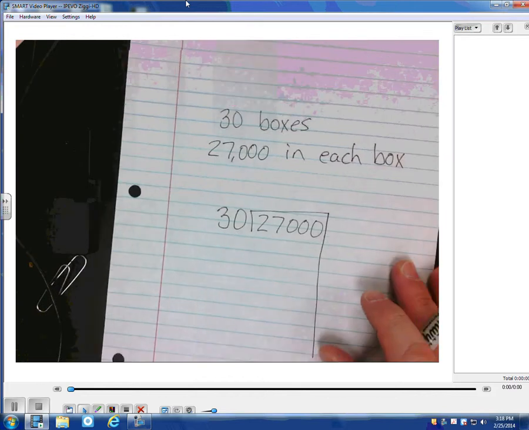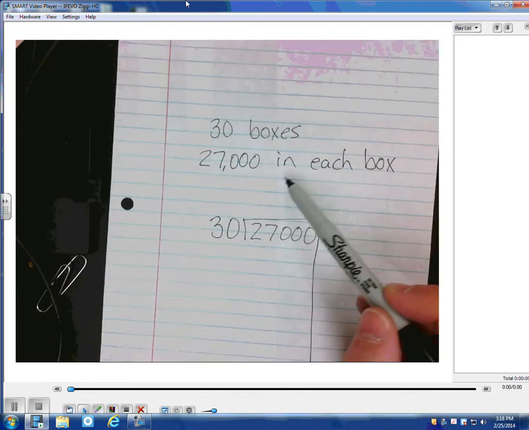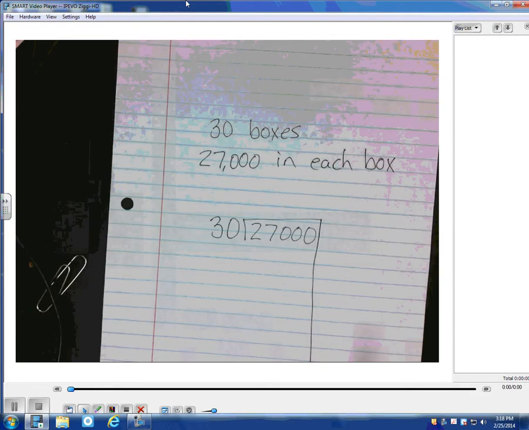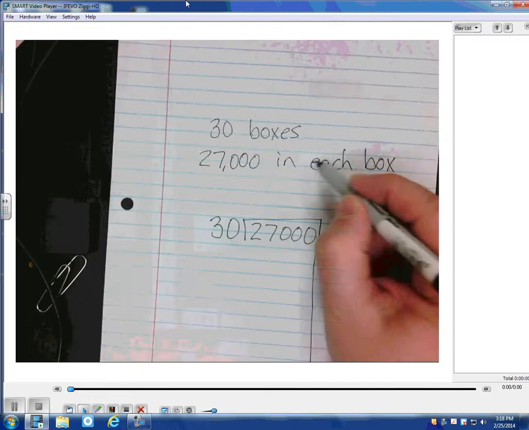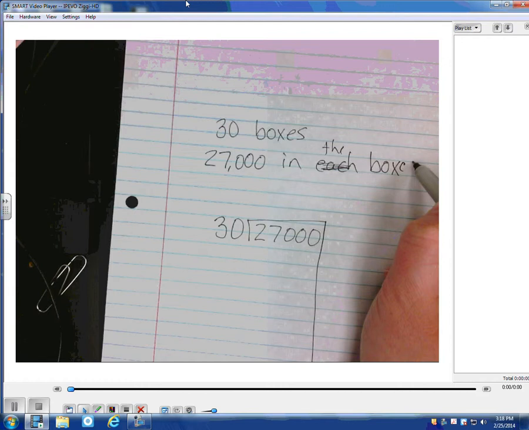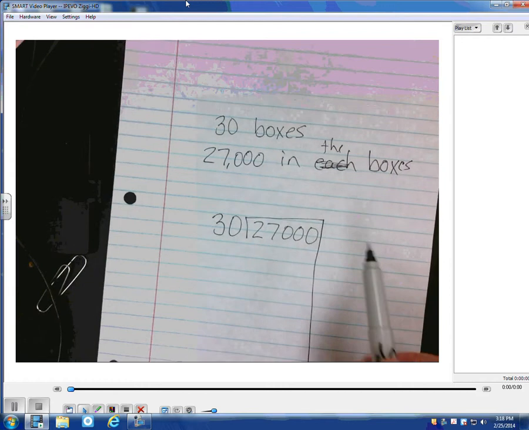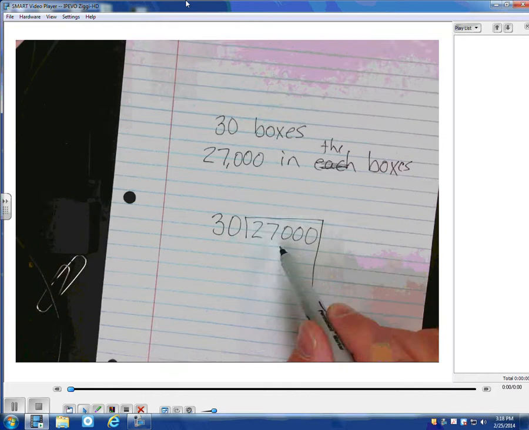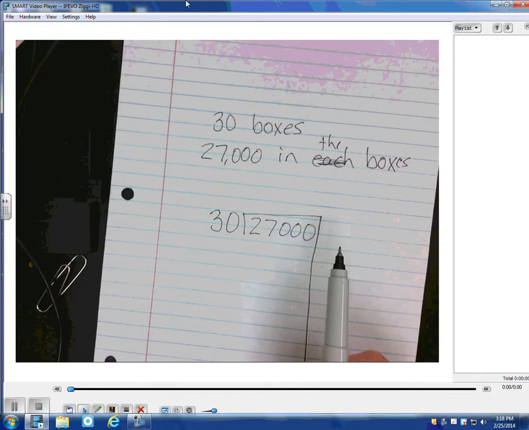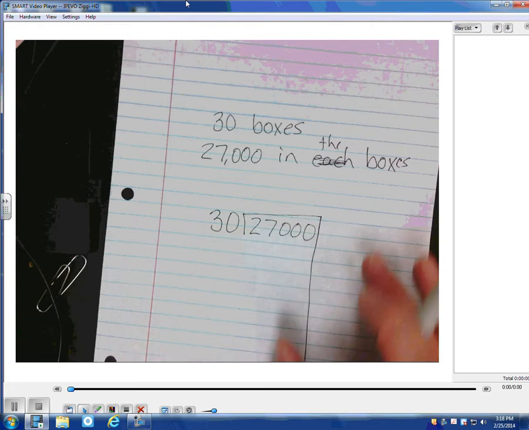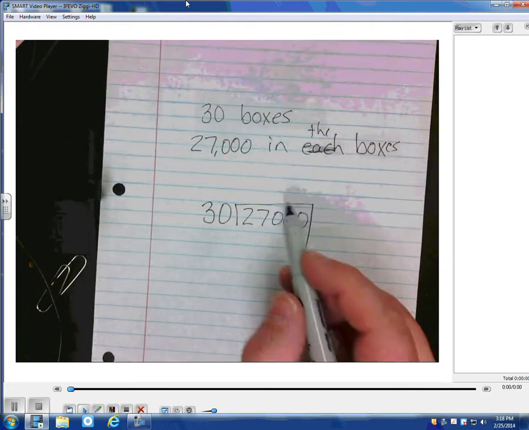So I know there's 30 boxes. I know there's 27,000. No, excuse me. There's 27,000 pencils in the boxes. So I made a mistake there. So in the boxes, and there are 30 boxes. So I want to know how many are in each box. So we could look at this like this, but there's an easier shortcut way to do this. So instead of doing that long division problem, I can just take a shortcut by eliminating zeros.